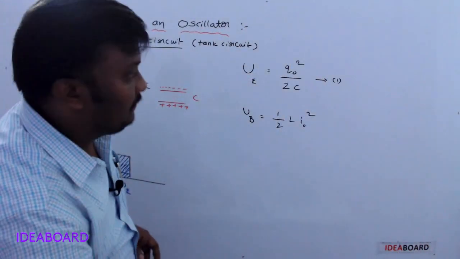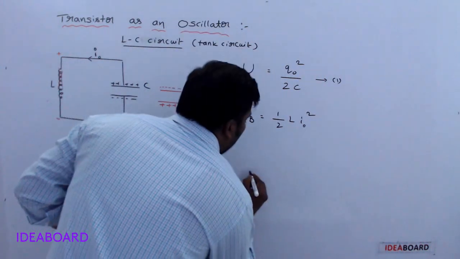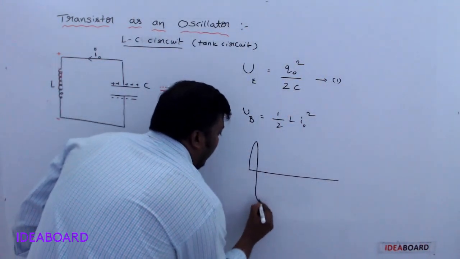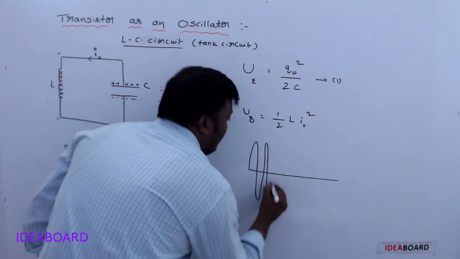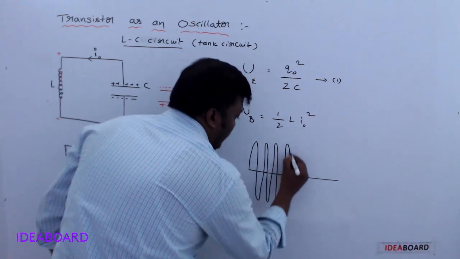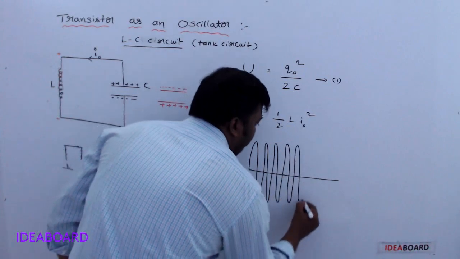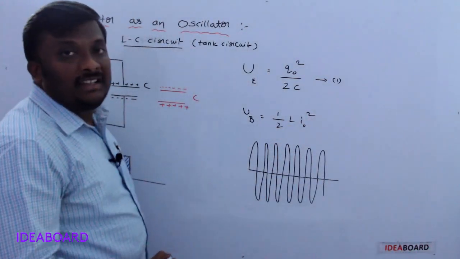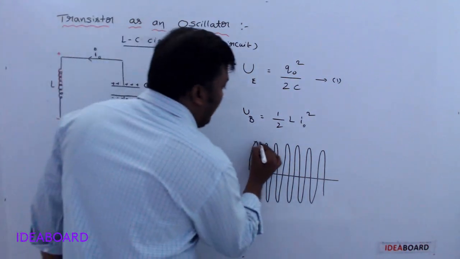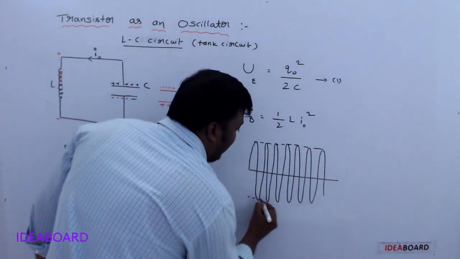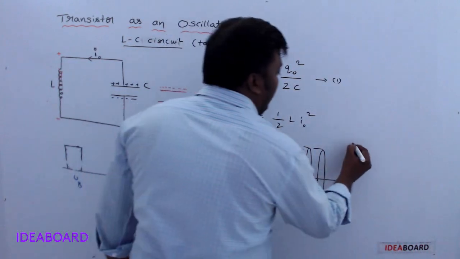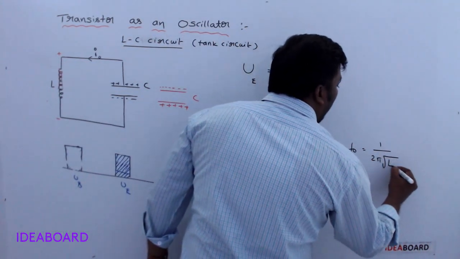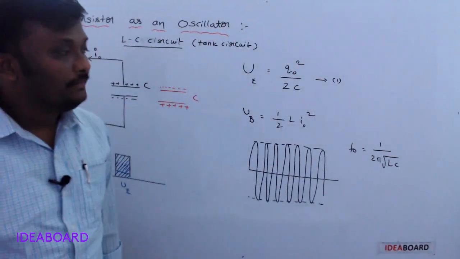That's why it produces electrical oscillations in this way. It produces electrical oscillations having a certain constant frequency. f naught is equal to 1 by 2 pi root LC.